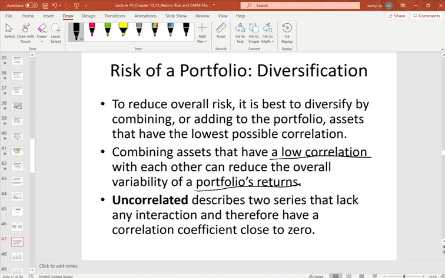However, if the two stocks have no correlation, or you can say uncorrelated, then it's not beneficial to put them into the portfolio. If the two series are independent, putting them into the portfolio cannot reduce the risk.